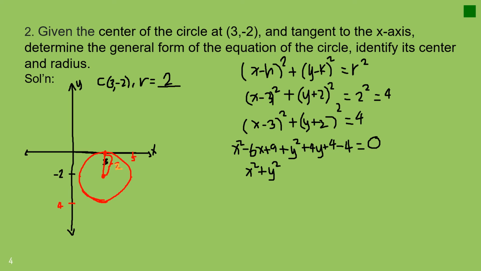So this negative 4 and 4 becomes 0. So we have minus 6x plus 4y. And we have one remaining constant, 9.